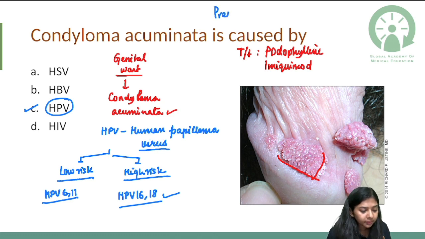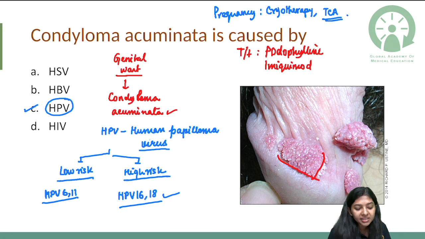In pregnancy, either you will do a cryotherapy or you will apply TCA. Okay, so TCA application and cryotherapy. And if it's a very giant condyloma, you will do a surgical excision, right? So you can also do a surgical excision.